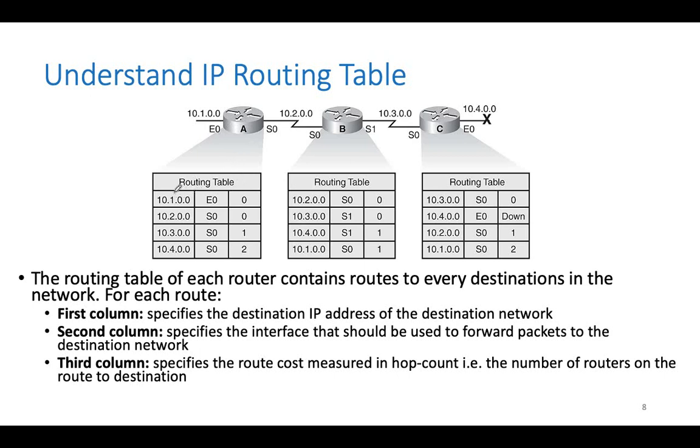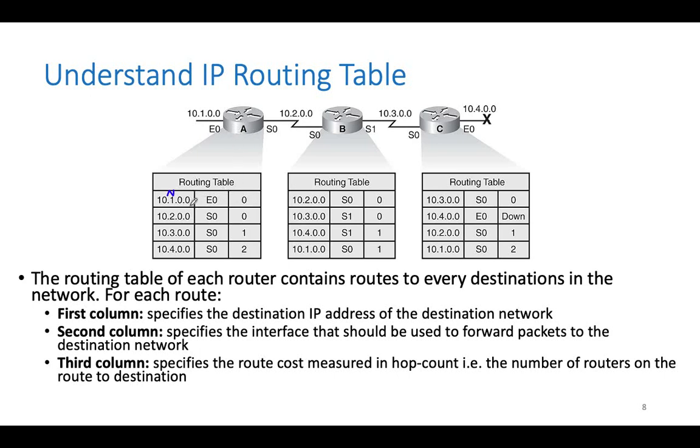This is the network, this is the interface, and this is the number of hops. What is the number of hops? The number of routers. So what is the distance between this network and me as A? How many routers between that network and me as A?